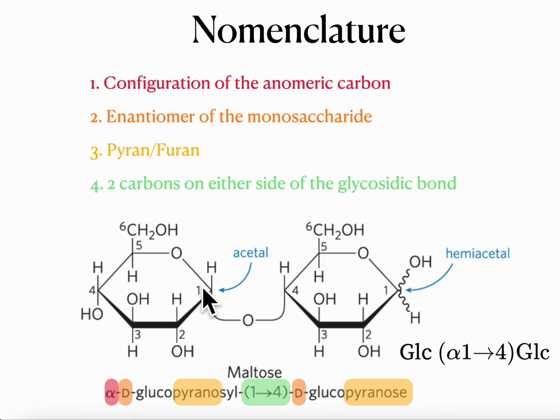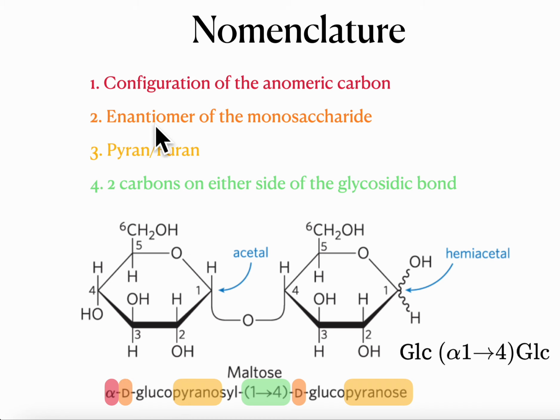And from the last session, we will know that because the O or the OR group is on the opposite side of the plane than the 6th carbon, we call this the alpha configuration.